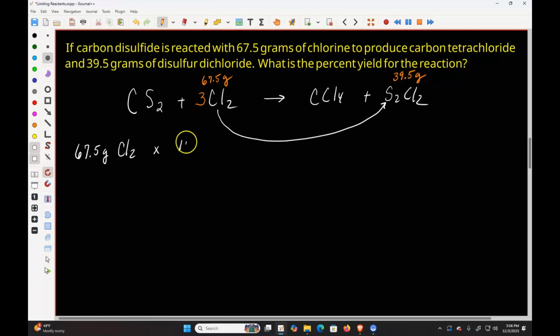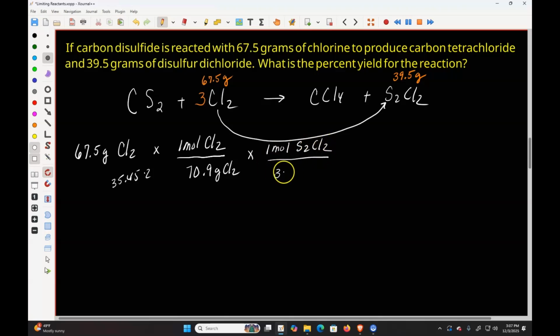Convert that into moles. Okay, chlorine is 35.45 times 2. That will give me 70.9. My ratio step, I would have 1 mole of S2Cl2 per 3 moles of Cl2.